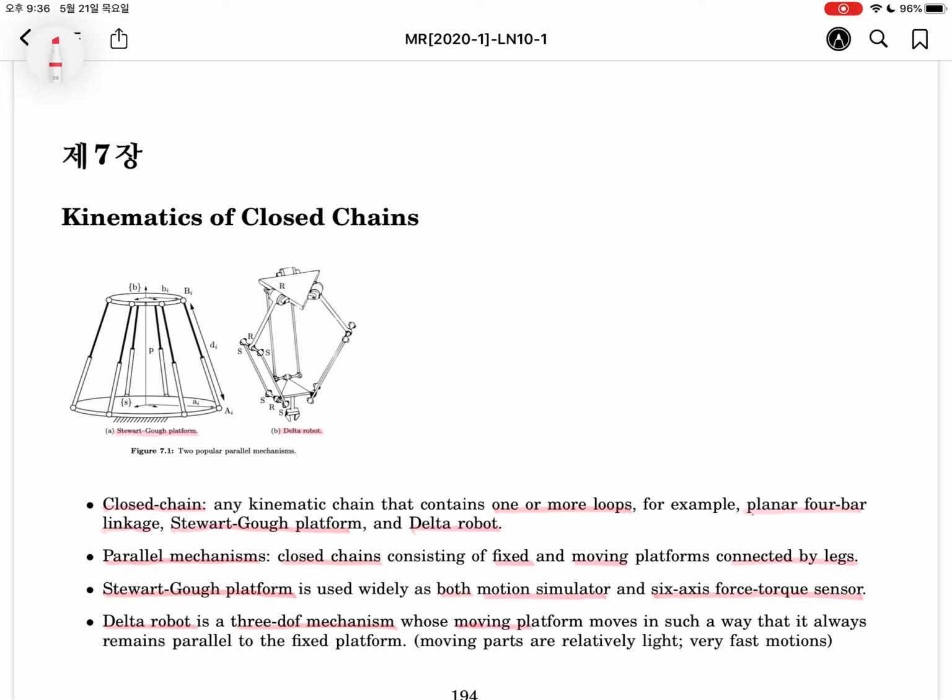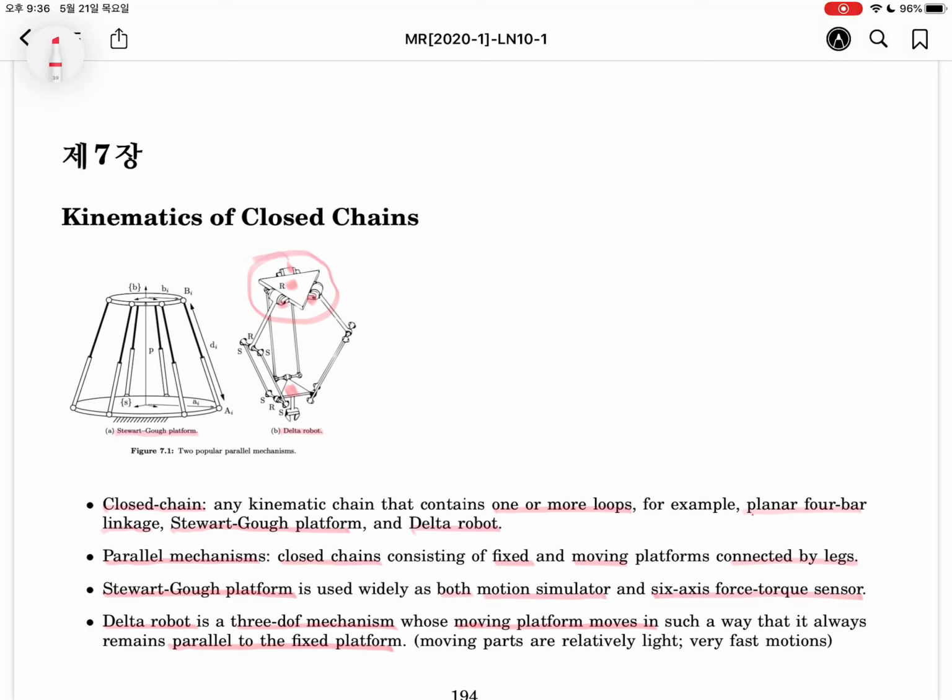The well-known delta robot is a 3 degree of freedom mechanism. In this case, the moving platform moves in a parallel way to the fixed platform. So the orientation is the same all the time as the fixed platform. So the delta robot does not have any orientation variation. It just moves in X and Y and Z. On the other hand, the delta robot has the actuators here and here.